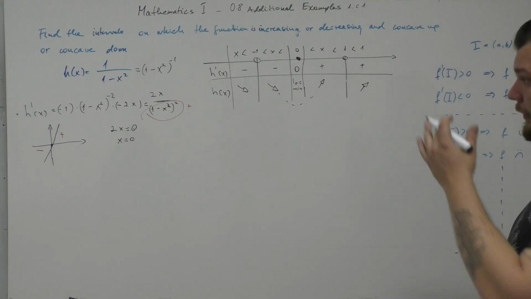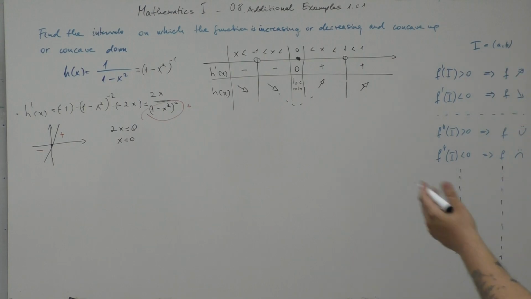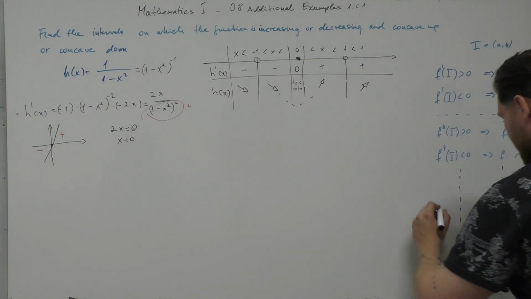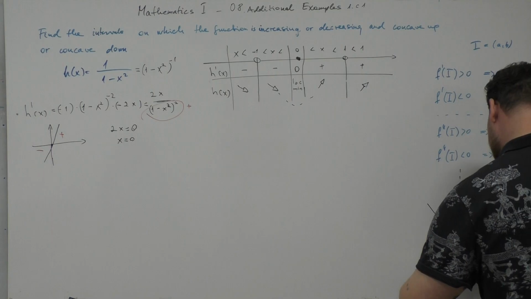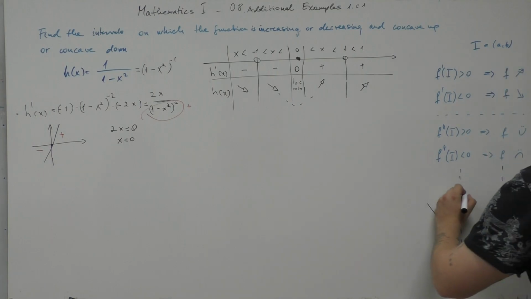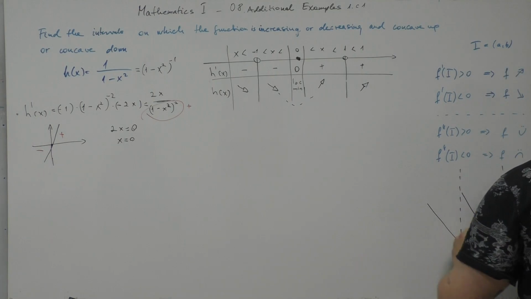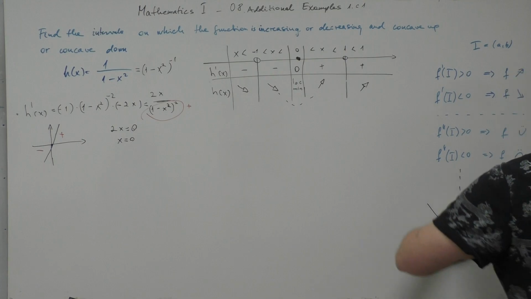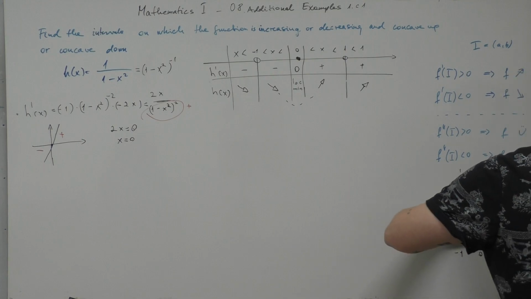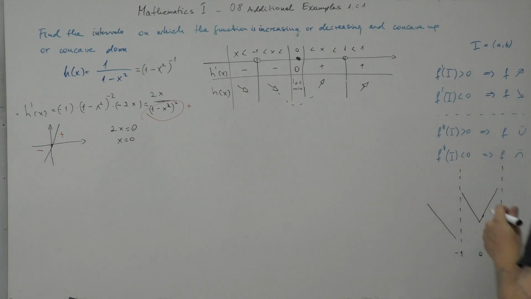Now, according to the table, we can see that here it's decreasing, here it's decreasing as well until 0, then increasing, and after 1 increasing again.